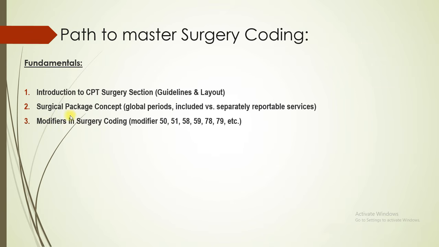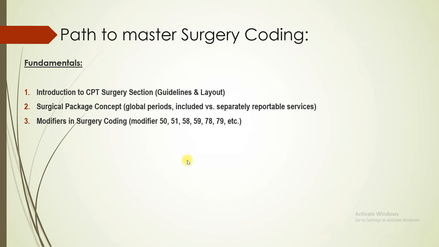So when we start with fundamentals, first we will learn the introduction to the CPT surgery section. Here I will teach you how to identify the guidelines, what the layout is, and the meaning of each and every symbol in the CPT code book, so that you can understand the purpose of these symbols and what to do if you see that symbol.